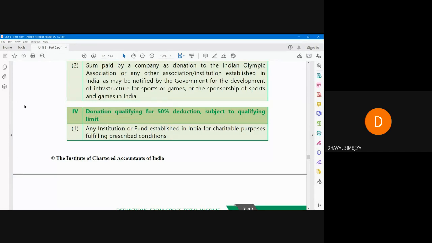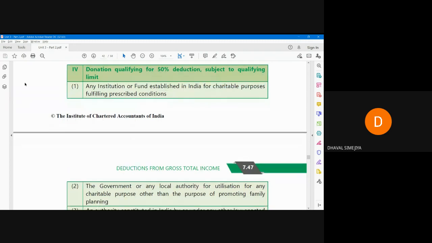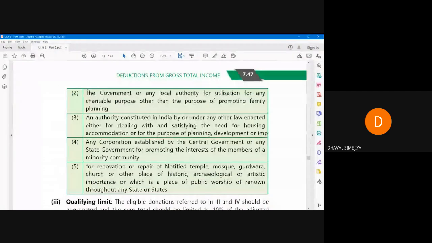What type of donations? First one, institution or fund established in India for charitable purpose, for any charity reasons. Second one, the government or any local authority for utilization for any charitable purpose other than family planning.